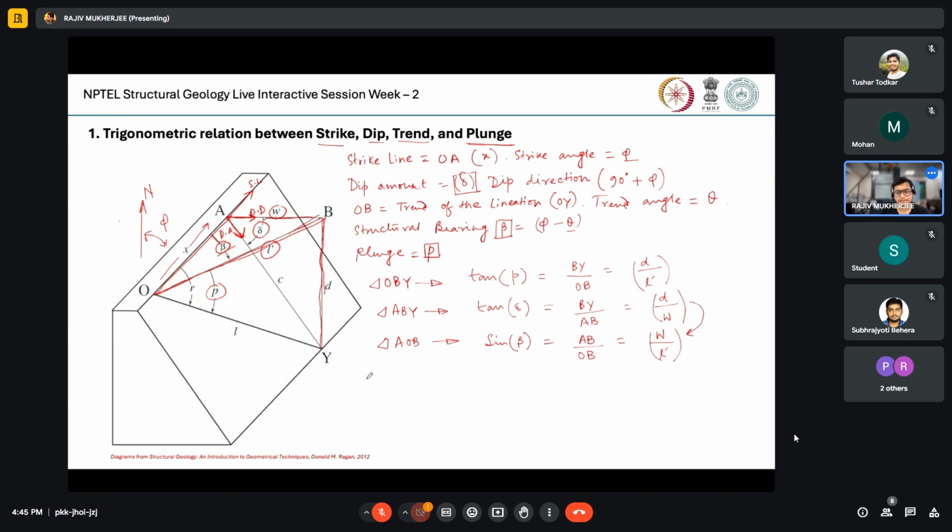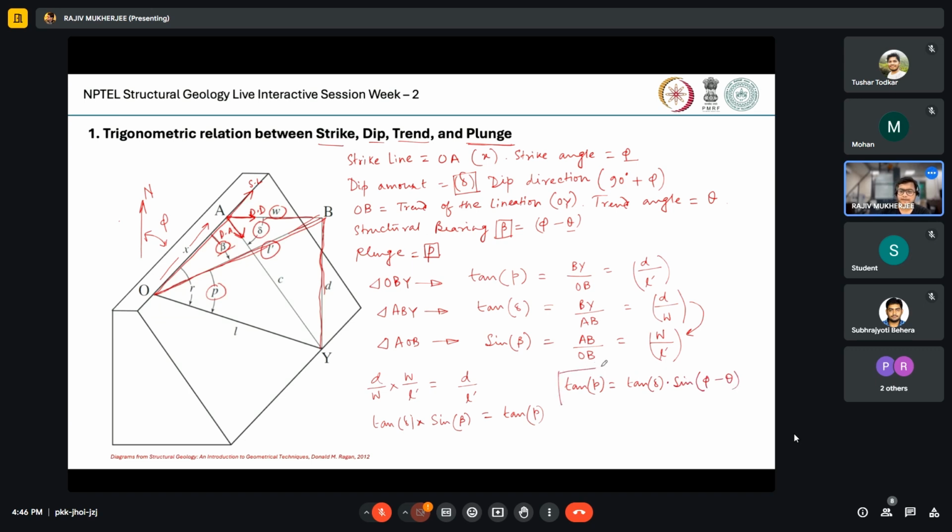So D by W is tan delta, W by L prime is sine beta, and D by L prime is tan P. So we derive a relation: tan P is equal to tan of delta times sine of phi minus theta.